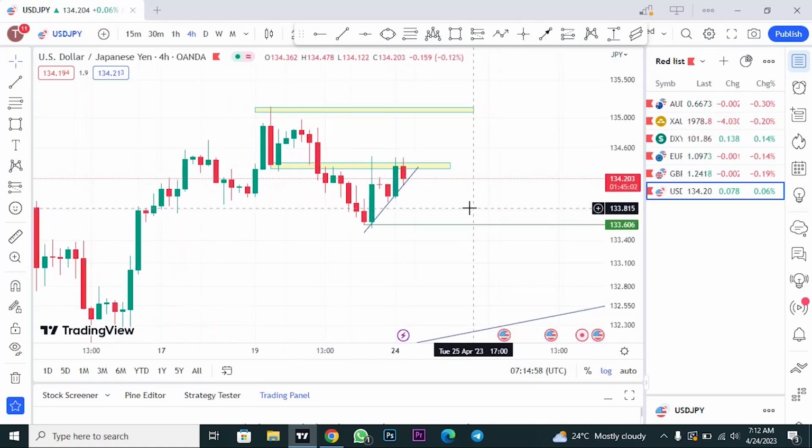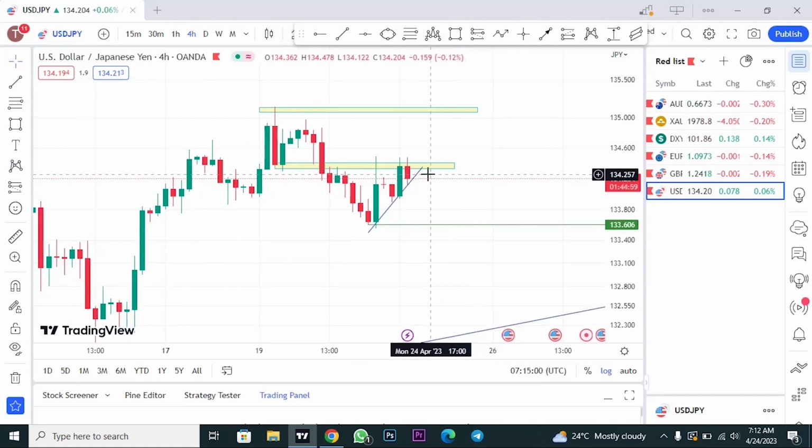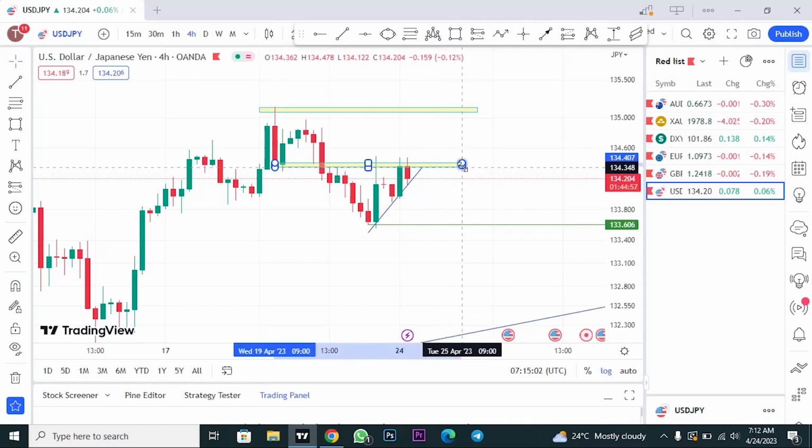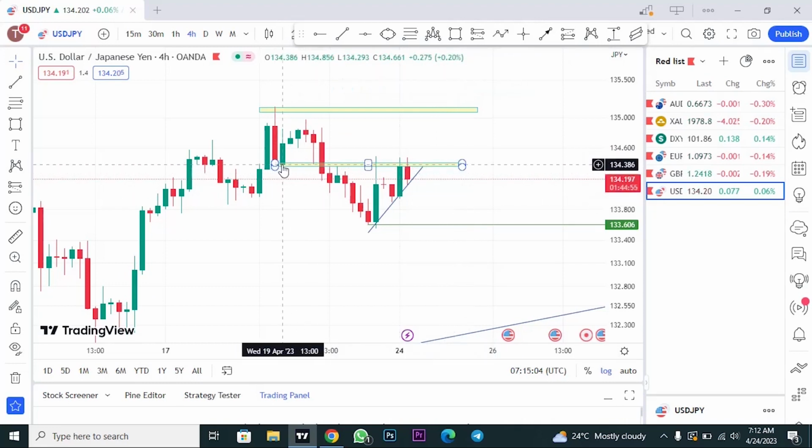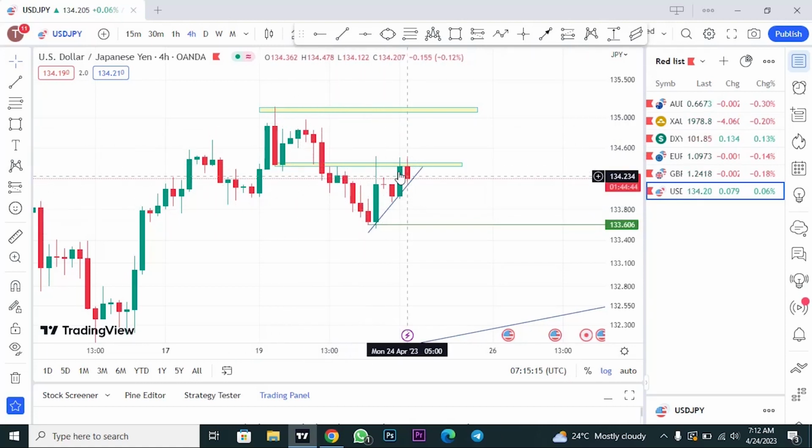Here we have a nice support right at that point. You can see we had a support, a resistance zone here, and the zone ended up breaking the support. Here was a support right here, and the support ended up breaking out. Now price has retested it as a resistance right here.